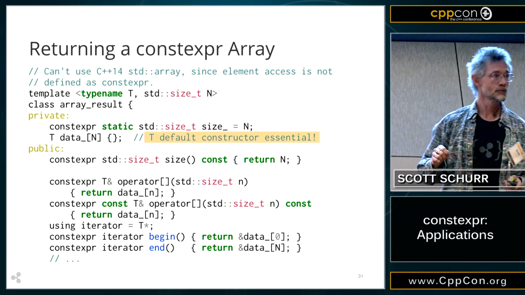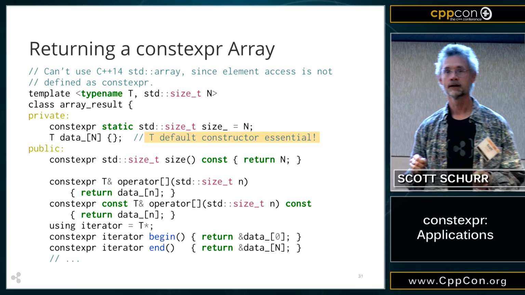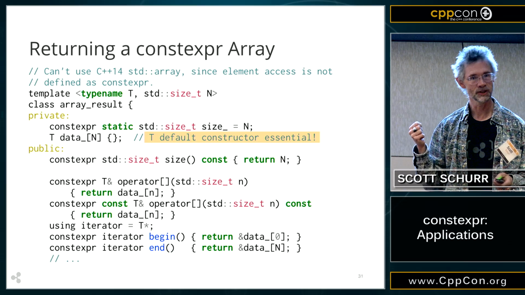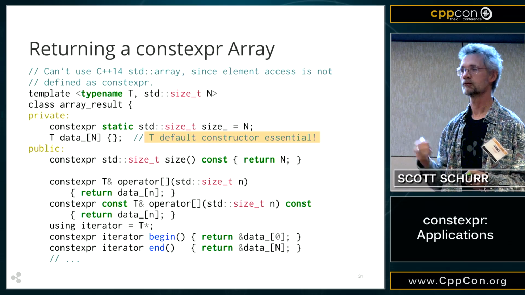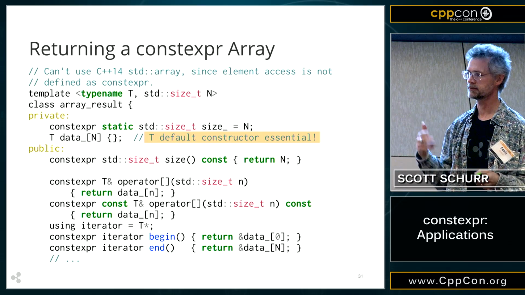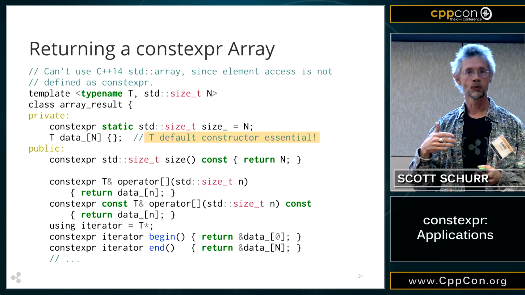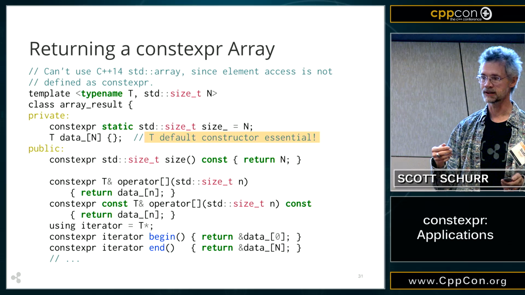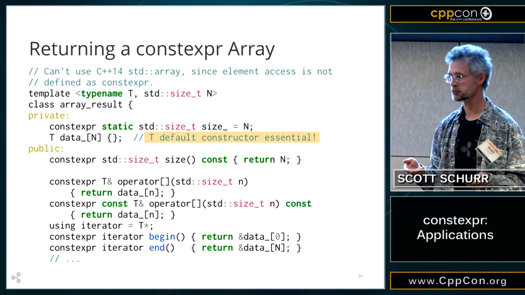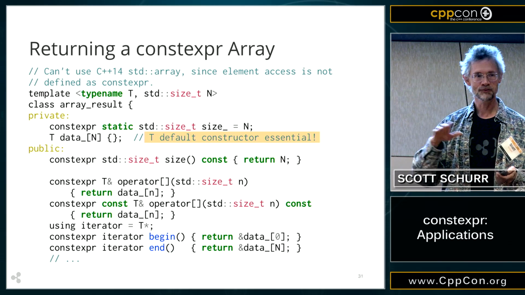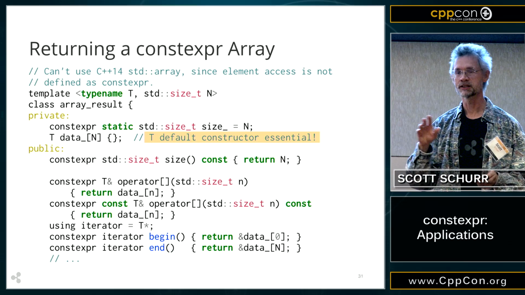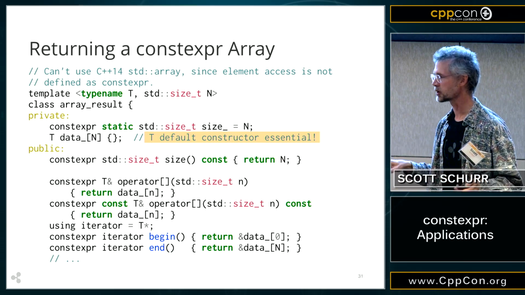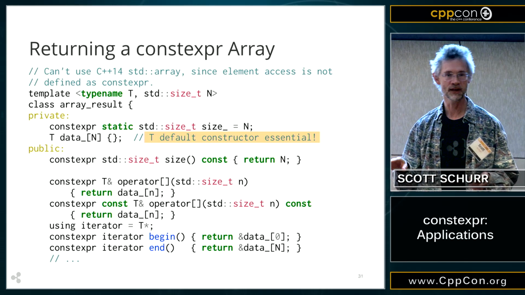So T, which is what we're going to put in our array, it's essential that T has a default constructor, because constexpr requires that. Basically, the way the compiler computes a constexpr value is by running a C++ interpreter. And to save the brains of the C++ interpreter, it insists that every value that it ever deals with, anywhere along the way, that it always knows what that value is.